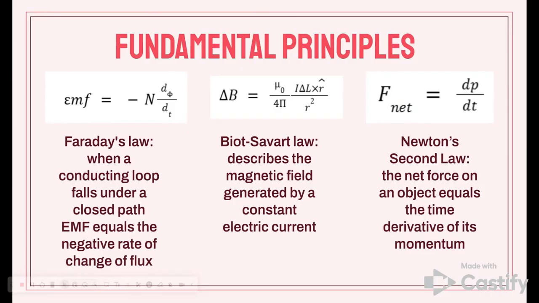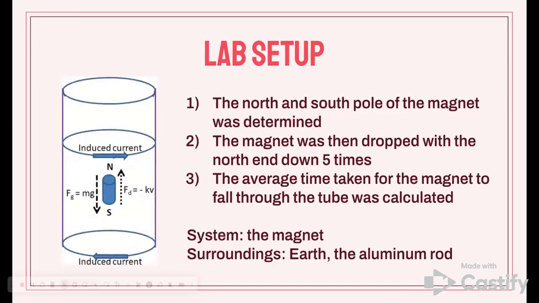And we have Newton's second law, that the net force on an object equals the time derivative of its momentum. In this image, we know from Faraday's law that the induced current at the top was a loop going counterclockwise, and the induced current at the bottom was a loop going clockwise.